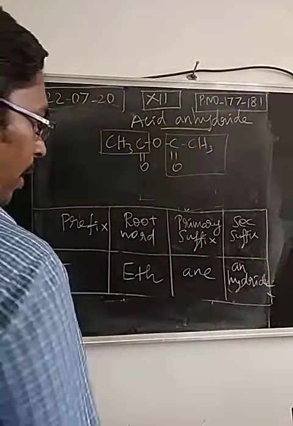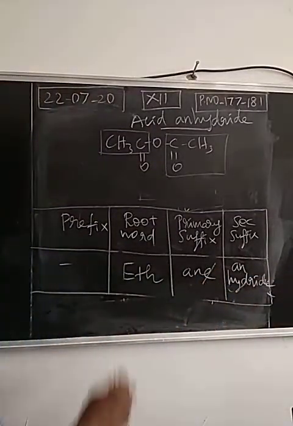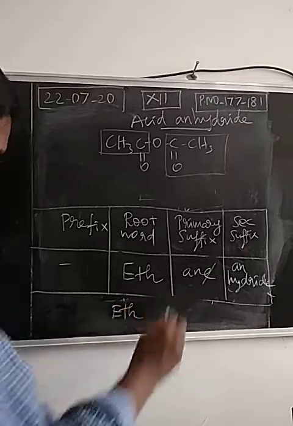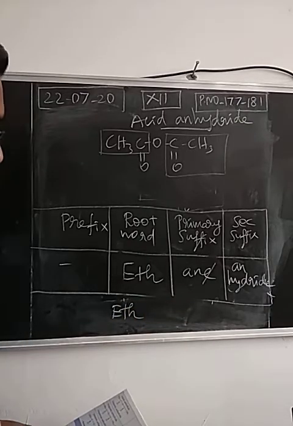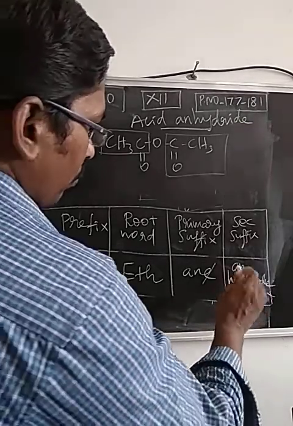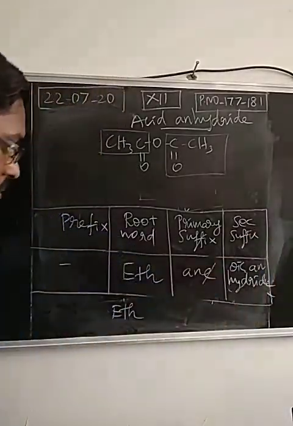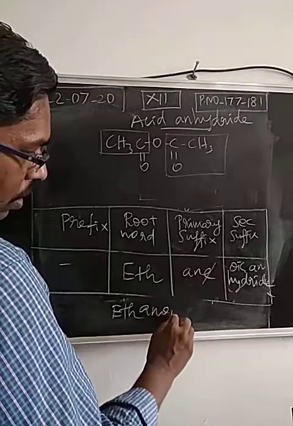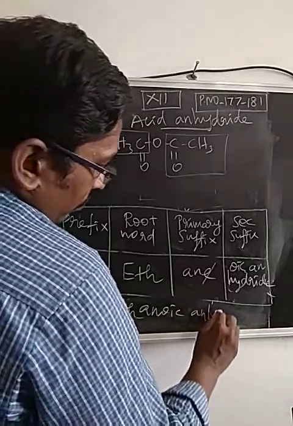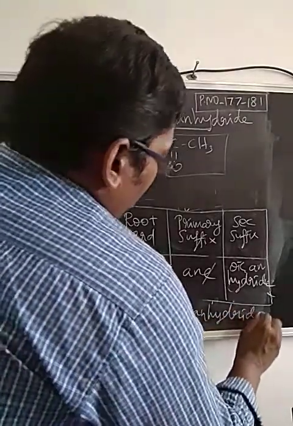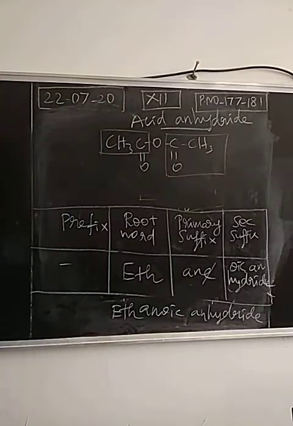When we connect primary and secondary suffix, the last letter will be struck out. So here secondary suffix oic anhydride. Ethanoic anhydride. So this is the simplest member.